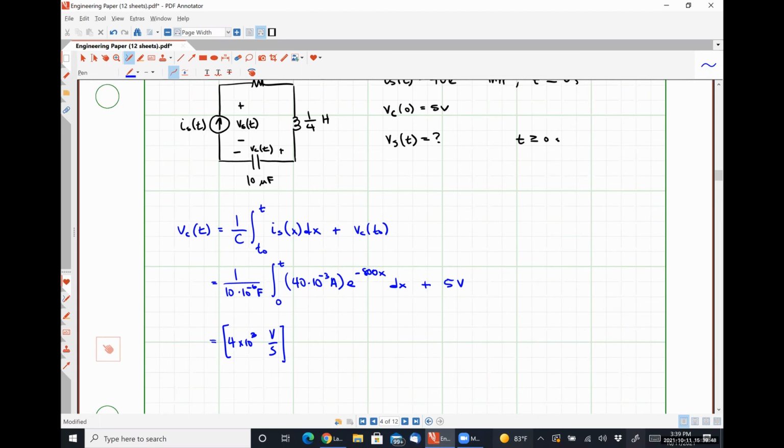Now I'm going to do this integration where I'm just integrating e to the negative 800x. So the integral from 0 to t of e to the minus 800x dx, and then outside of my integral, I have plus 5 volts. So how do I do this integral? Let's start there.